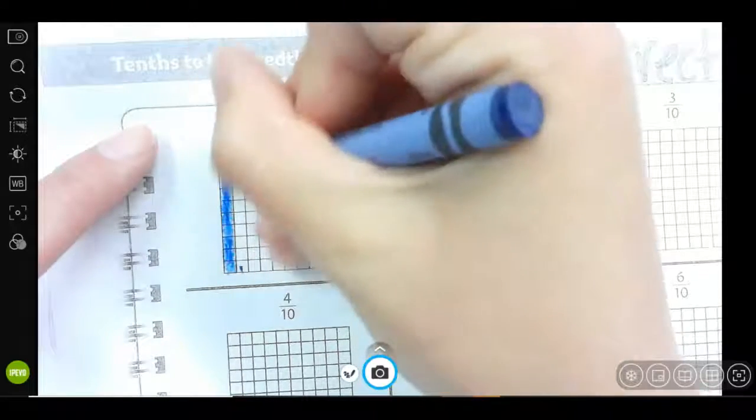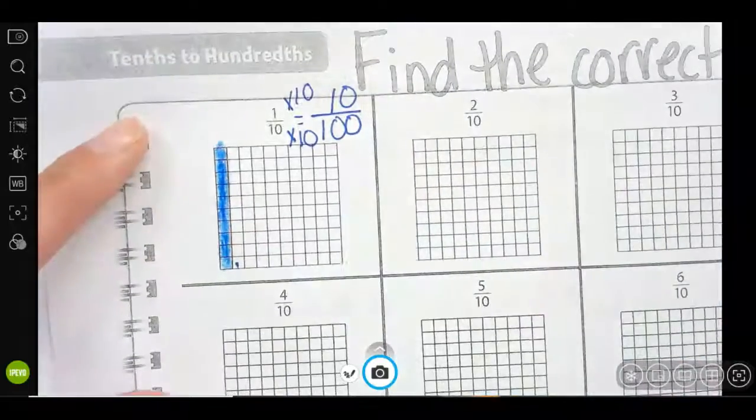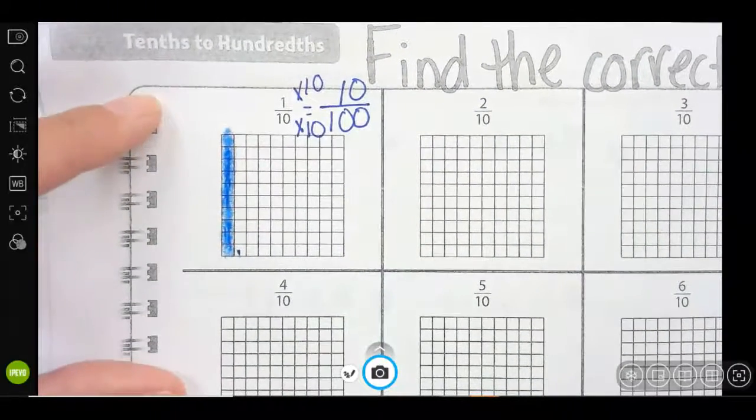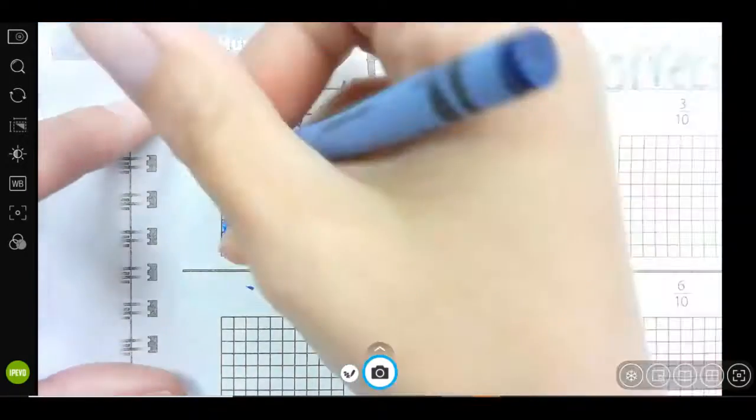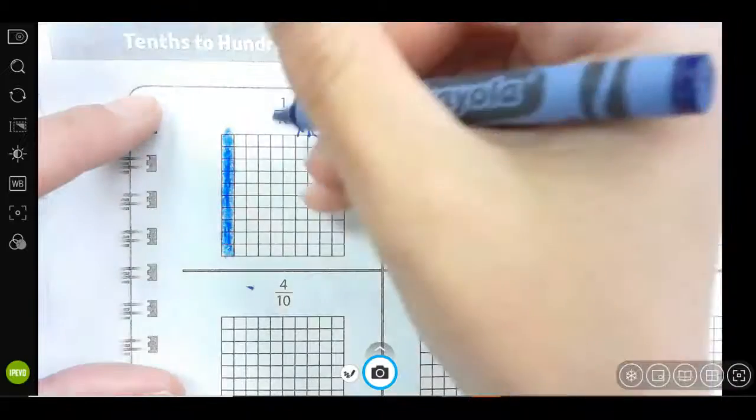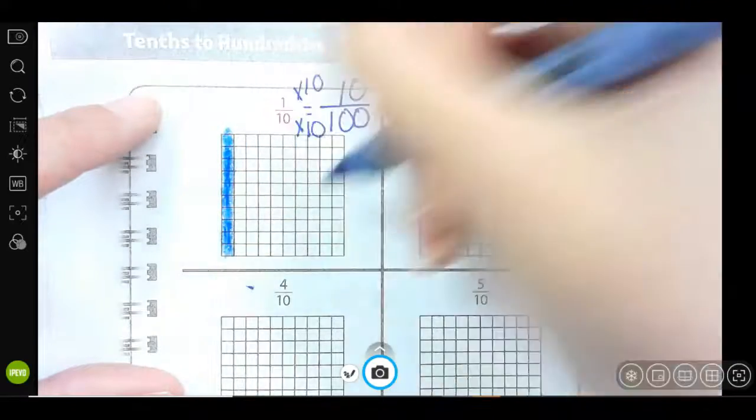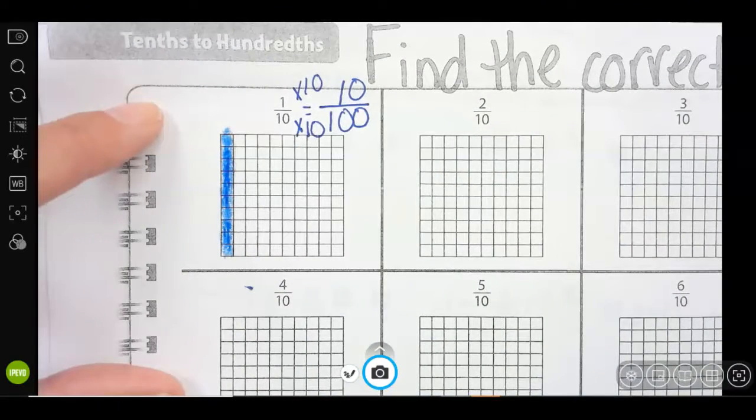So it should look something like that. Now, you can color it like that, or you could color a row across, or you could even color 10 individuals. It doesn't matter as long as there's 10 of them colored in, okay?